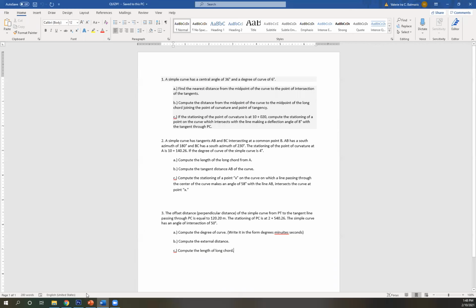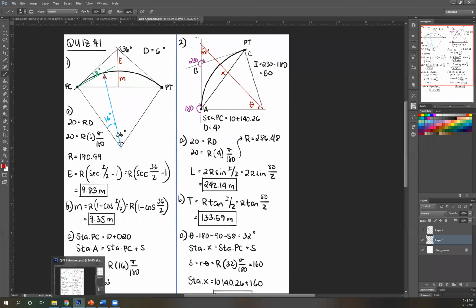So how do we draw that? So first of all, this line hits the center of your curve. Okay? And it makes an angle of 58 with line AB. So draw a straight line. So center of the curve, that's this point. Okay? Center of your curve is just referring to this. So draw a straight line intersecting line AB, this is your line AB.